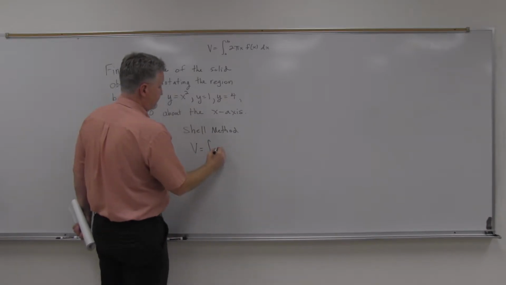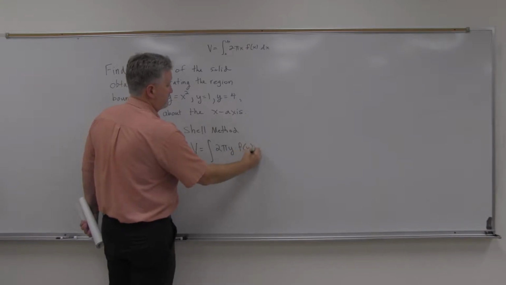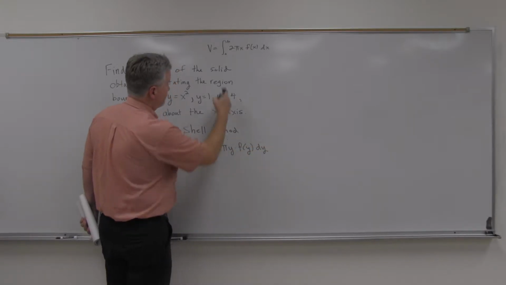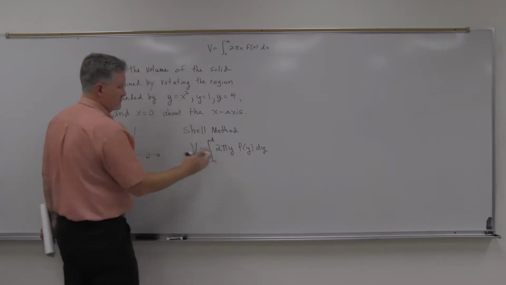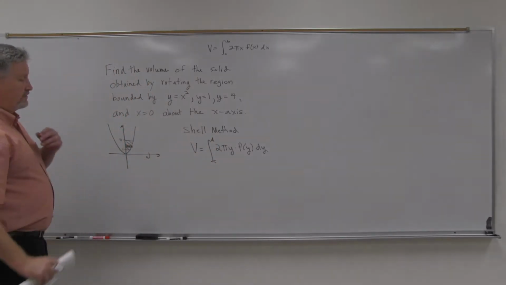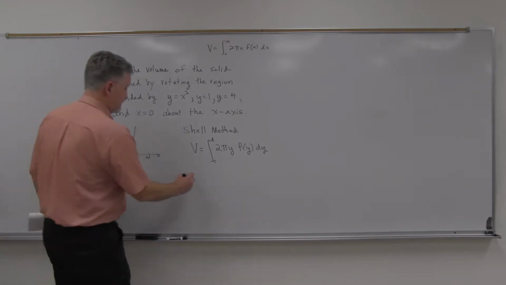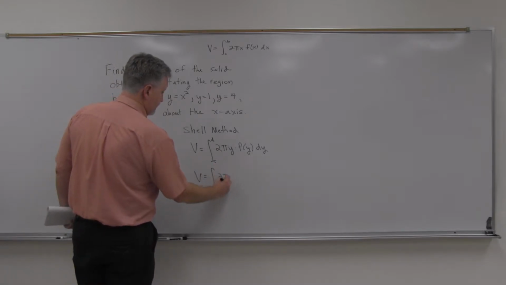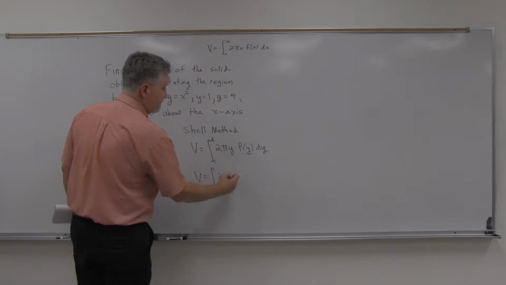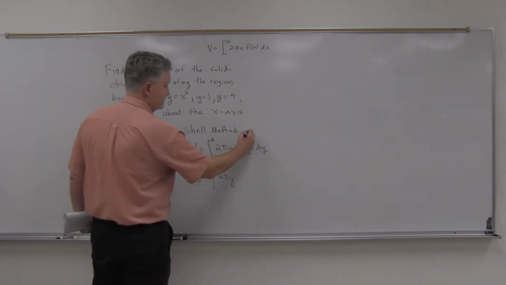So it'd be 2 pi y times f of y dy. And of course, then I would go from c to d, usually the way we denote the y values like that. So in this case, here's what I need. I've got 2 pi y. I need an f of y, which means I need an x equals f of y function.